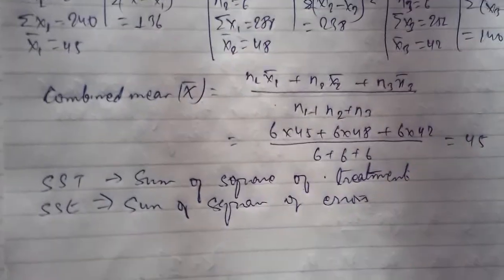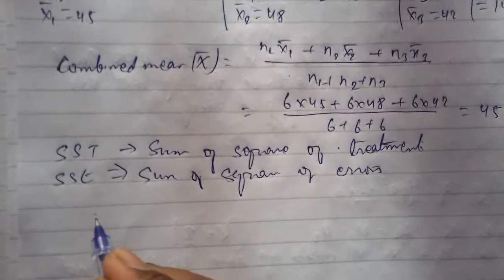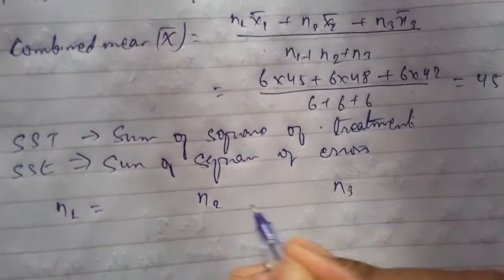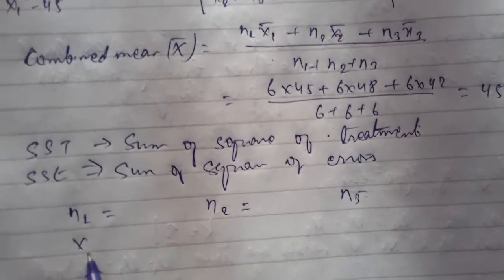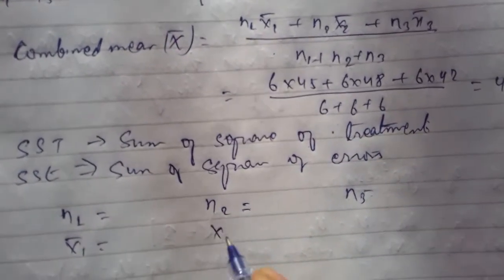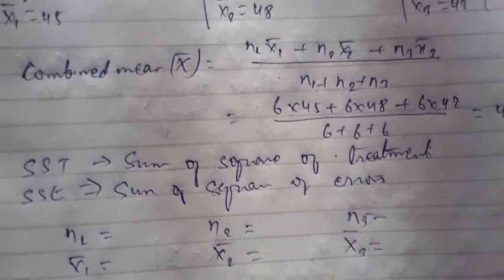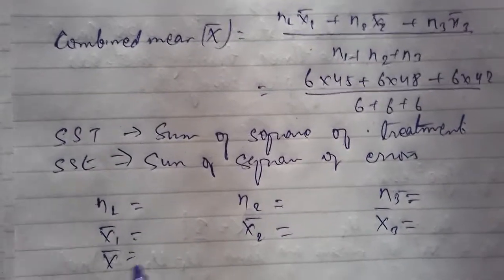For calculation of SST we have to write n1, n2, n3, x1 bar, x2 bar, x3 bar, and also x bar.